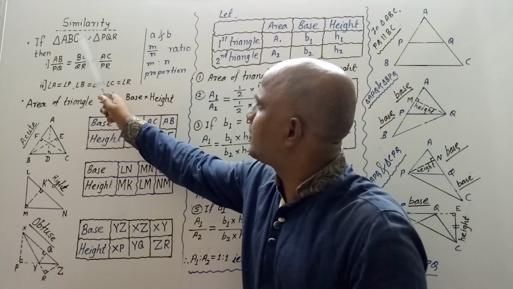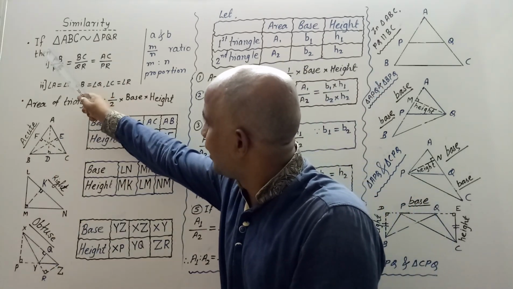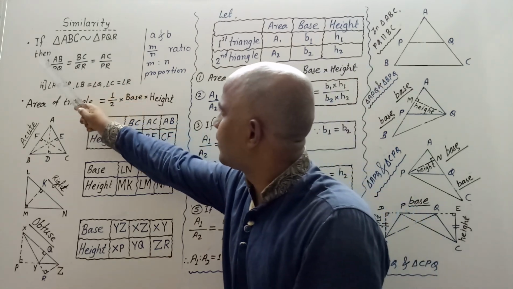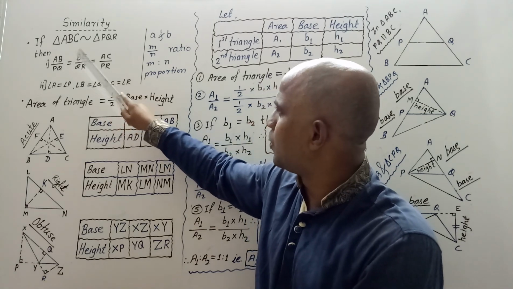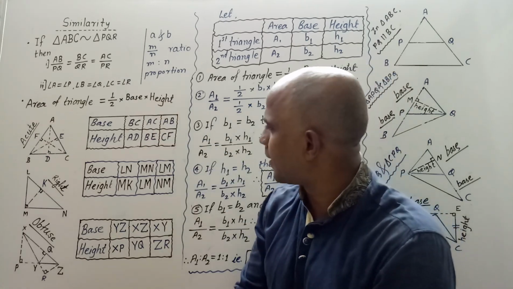If triangle ABC is similar to triangle PQR, then AB upon PQ equals BC upon QR equals AC upon PR.